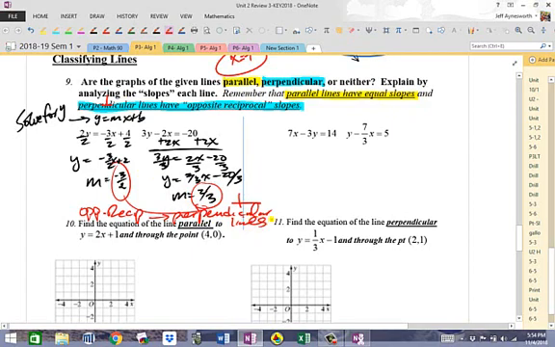All right. How about the other two? Well, you've got to solve for y and look at the slope. So let's subtract x here and do a little math. We get -3y is equal to -7x plus 14. Divide by -3 on everything. y is equal to 7/3 x minus 14/3.